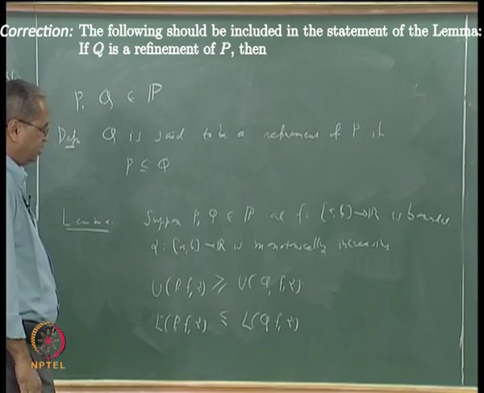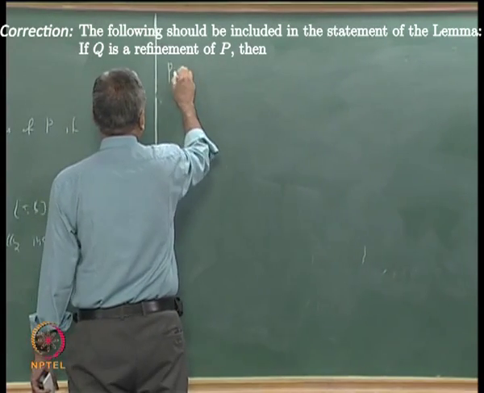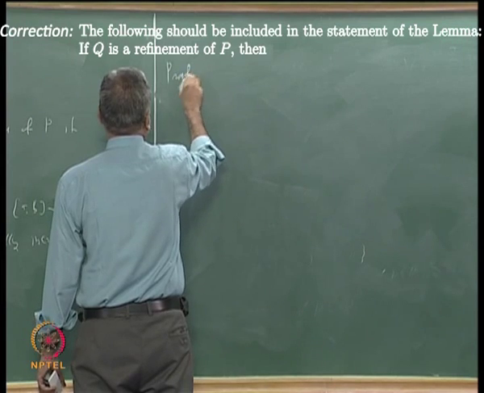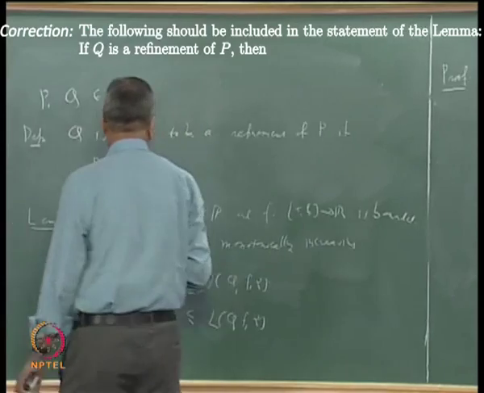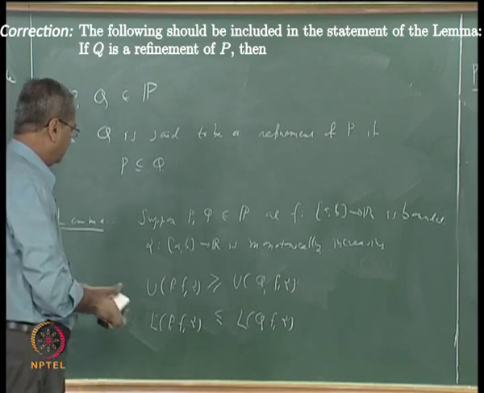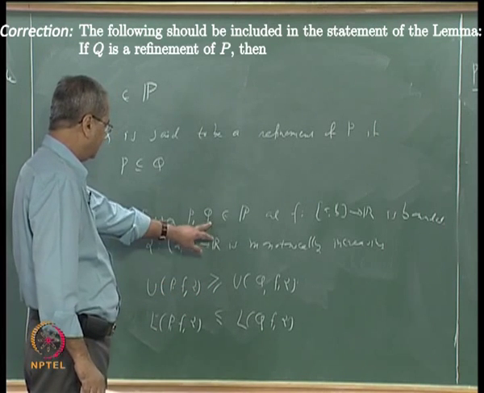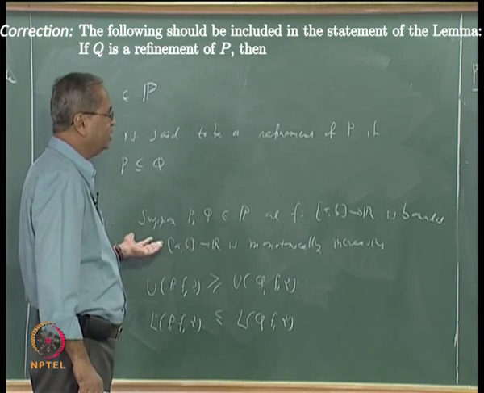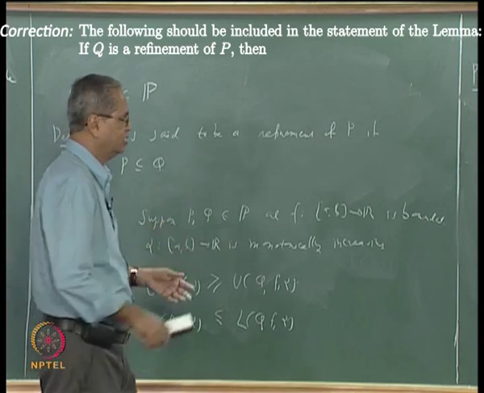Let us now see how we can prove this. If P is equal to Q, there is nothing to be proved, then both these will simply be equal. So let us say that Q contains some more points than P. To begin with, let us first assume that Q contains just one extra point.